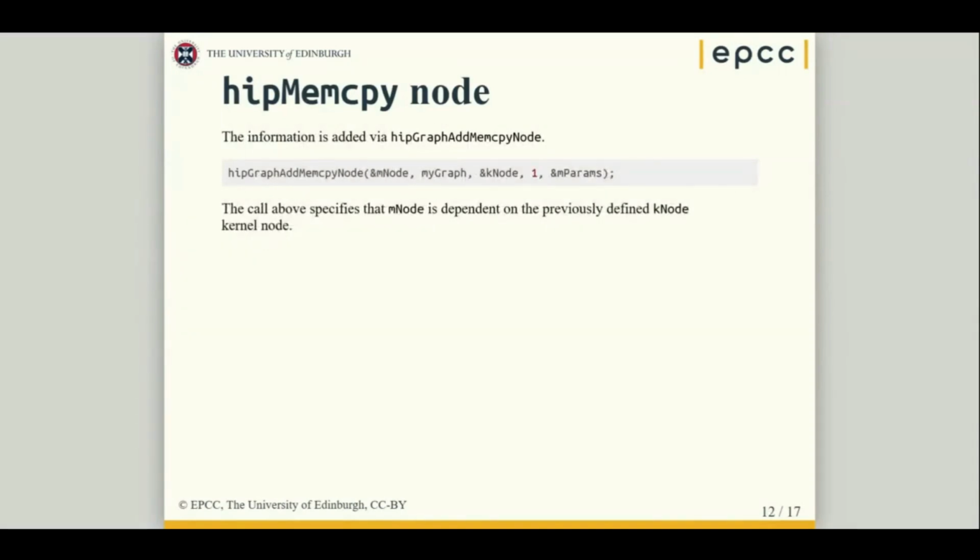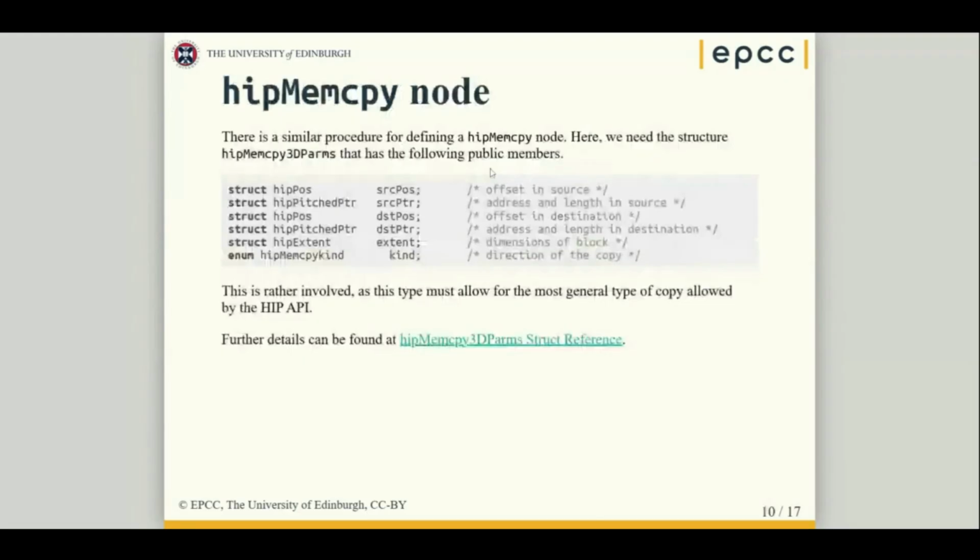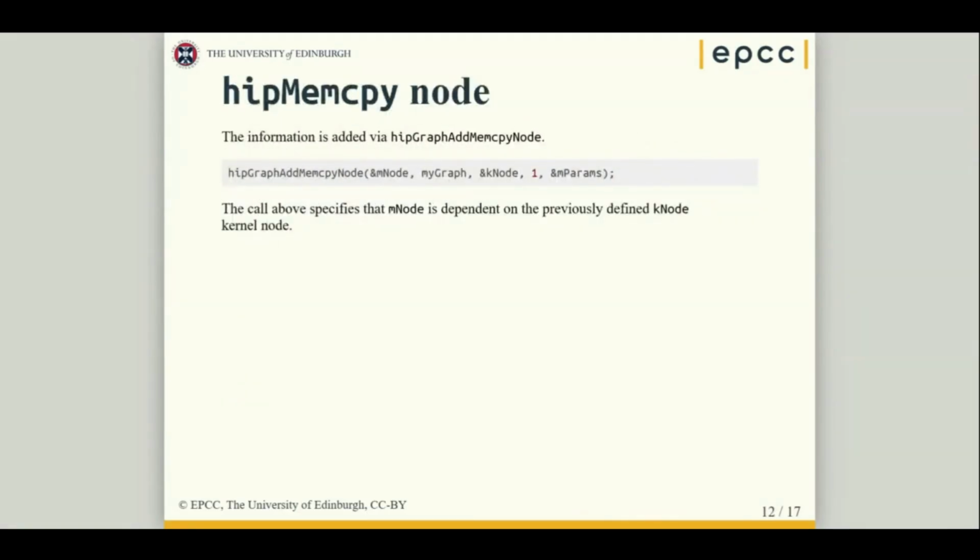And now I add a hipGraphAddMemcpyNode. If you remember before, we added a kernel node, and now we are adding a memory copy node. And you see here that we have the memory copy node, my graph, and here I have one dependency on the kernel node.